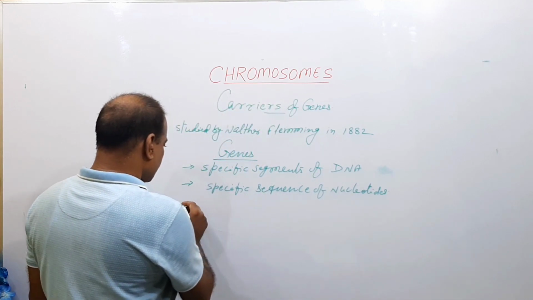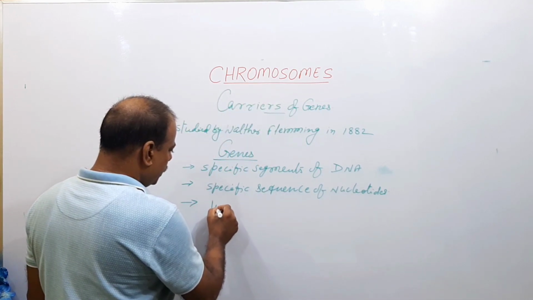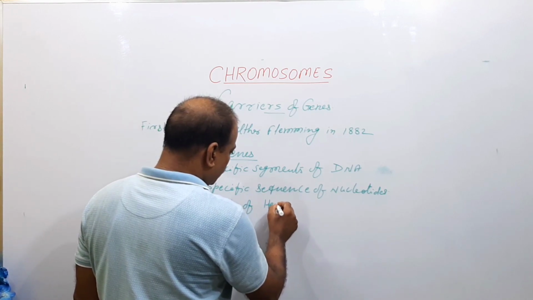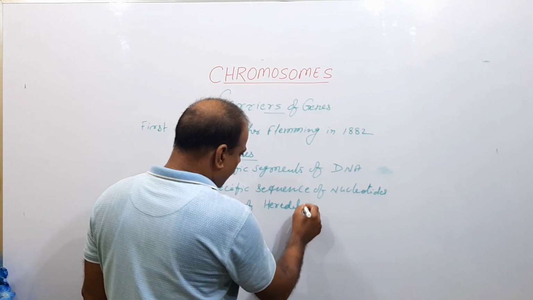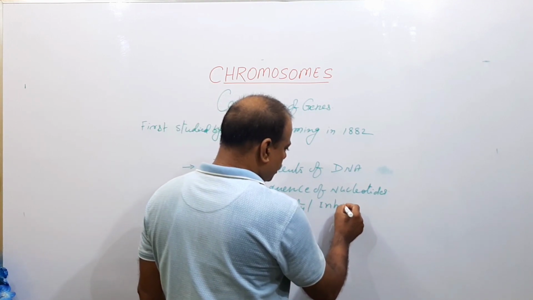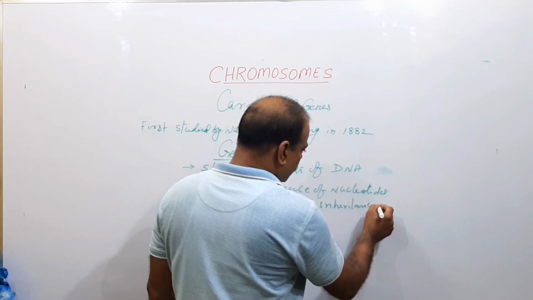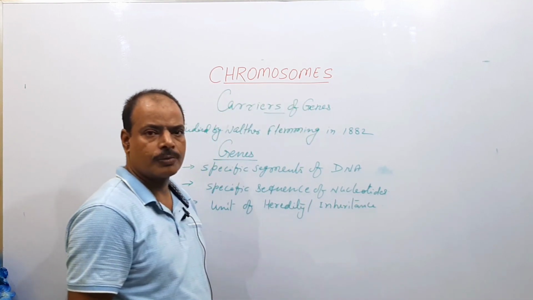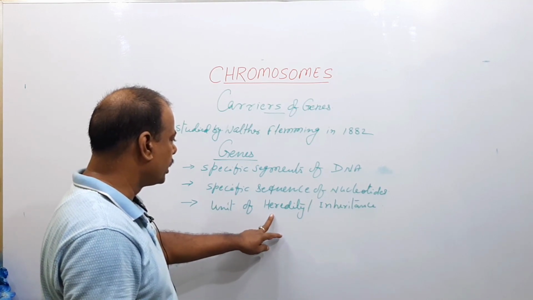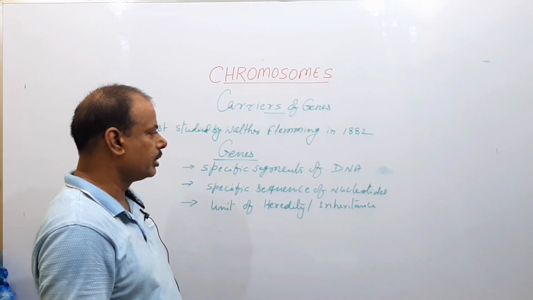Genes are also known as the unit of heredity or inheritance, as they carry information from parents to their offspring or progeny. That's why genes are called the unit of heredity or inheritance.